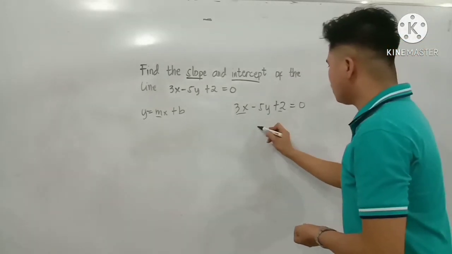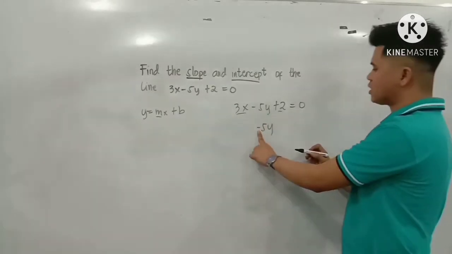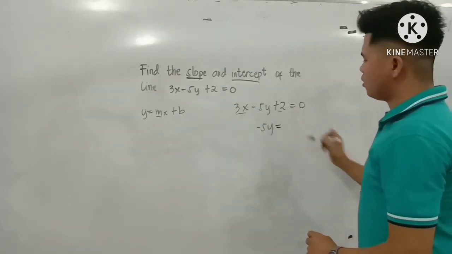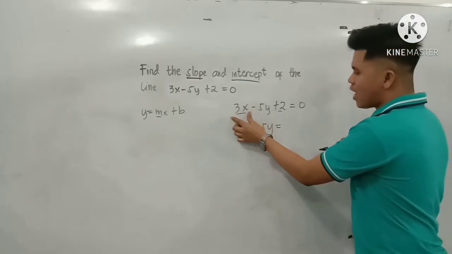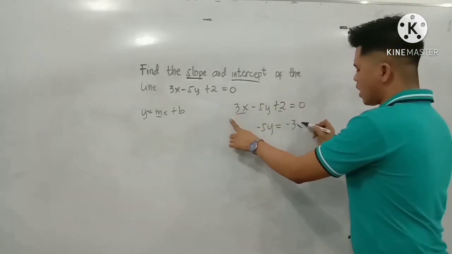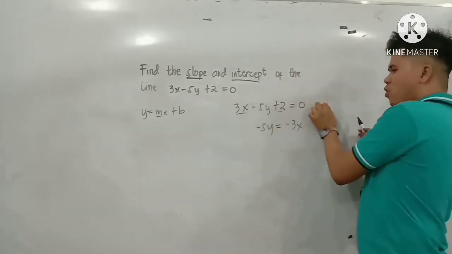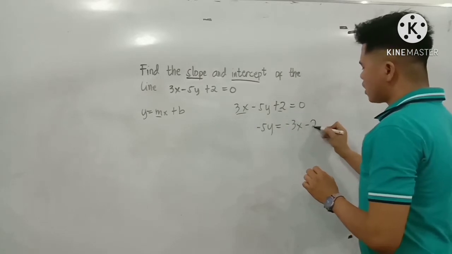So copy negative 5y. We have here negative, so we simply copy the negative sign. Then equal. Then 3x. Once we transpose, it becomes now negative 3x. And the positive 2, once it is transposed, becomes now negative 2.